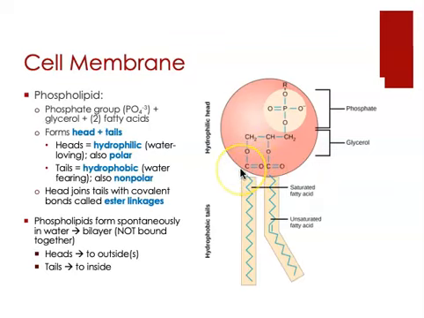This is called a carboxyl group. You can see there's a carboxyl group attached to both of these hydrocarbon chains. That's what makes a fatty acid a fatty acid. It's a hydrocarbon chain attached to a carboxyl group at one end.